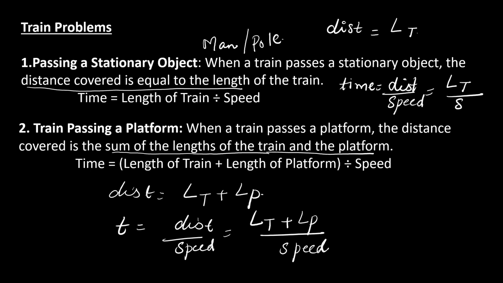So in the first case, the train is passing a stationary object, and the distance is taken as the length of the train alone. In the second case, the train is passing a platform or a tunnel, and we have to take the distance as the length of the train plus the length of the platform or tunnel. So this is about the train problems.